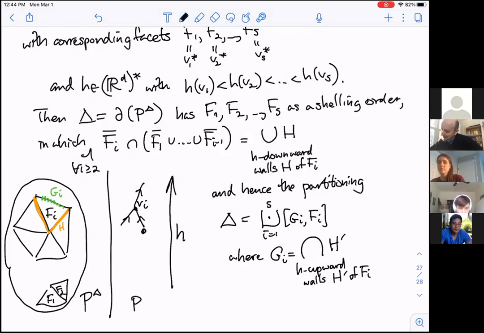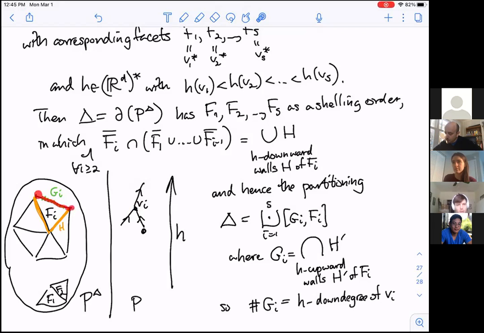Okay, and the point is, we did want to identify these GIs. For example, they help us compute the H vector of the simplicial polytope. They give us basis elements in those quotient rings, so you're going to want to think about those. So the cardinality of GI is equal to the H down degree of this vertex VI in the dual polytope. In this case, this GI has 2 vertices.